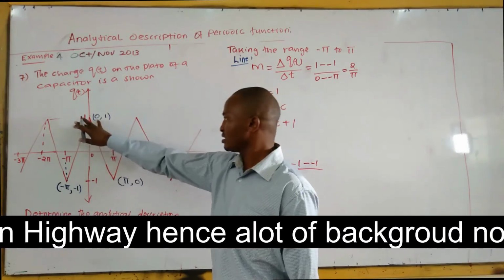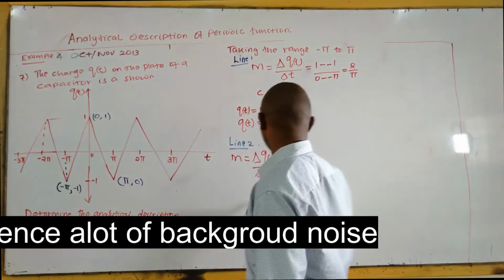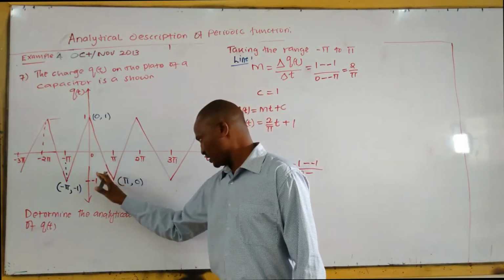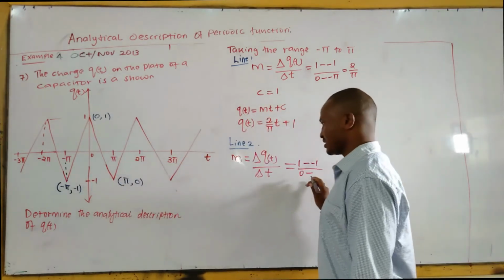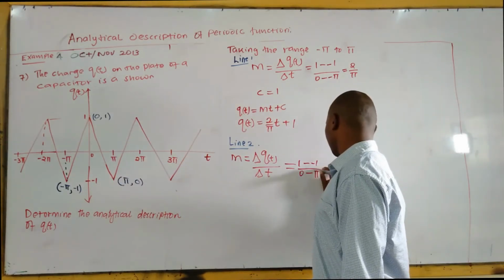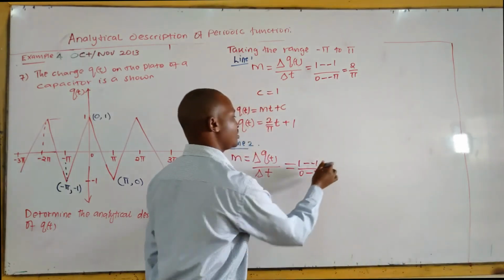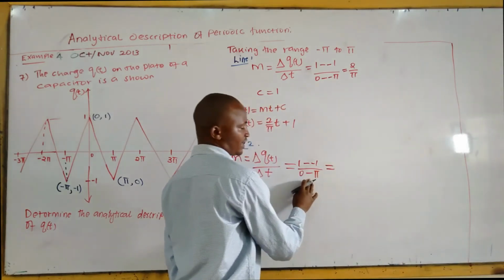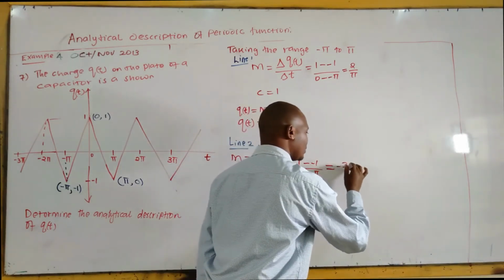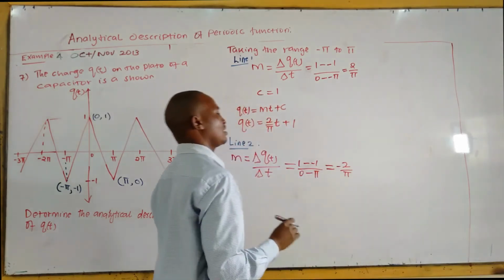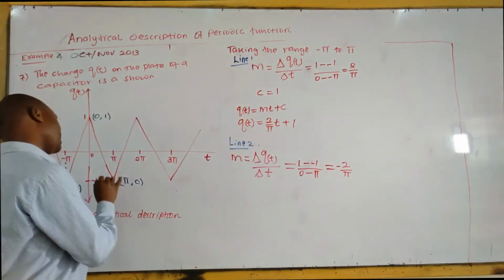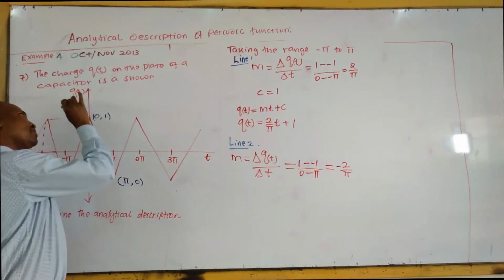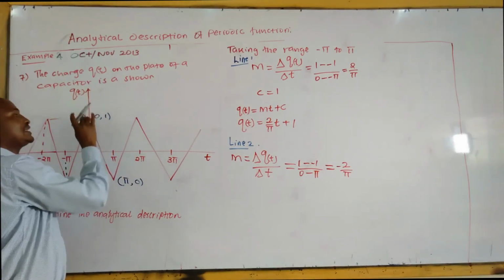here, the value of the t-axis is 0, minus, here the value of the t-axis is pi. Now, this is positive 2 all over -pi, same as negative 2 all over pi. Again, this line cuts the dependent axis, or Q of t axis, at 1.